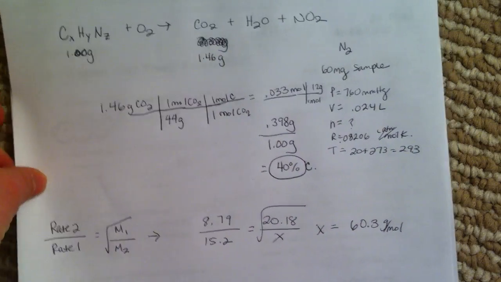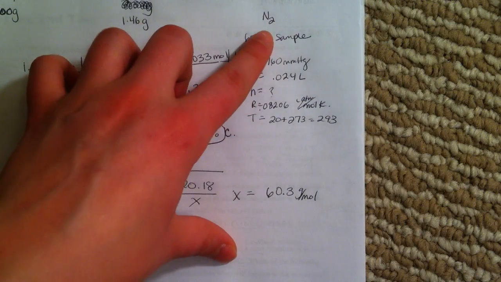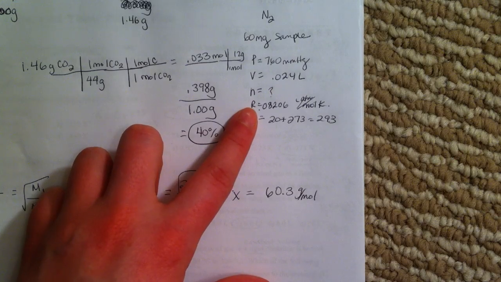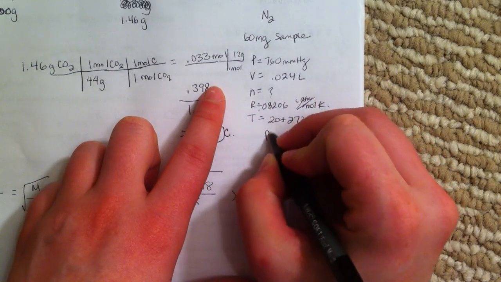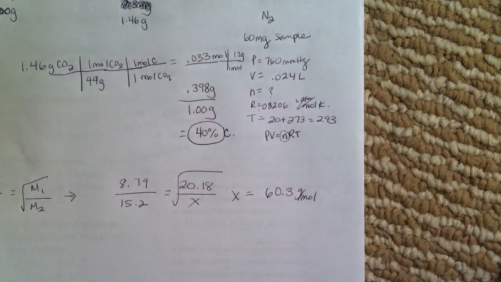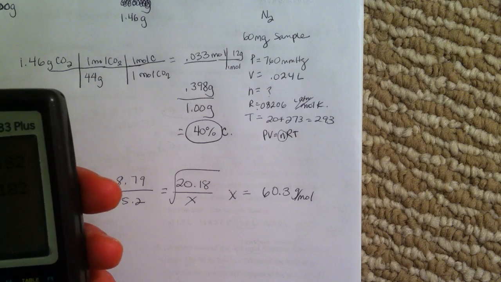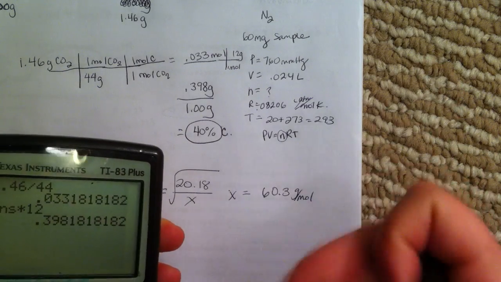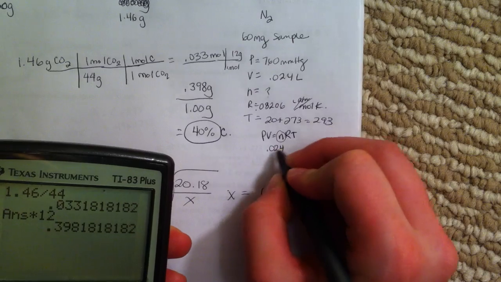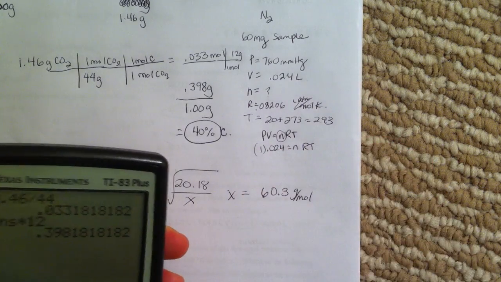So I have to use the nitrogen data, and we get a bunch of N2, so I can use PV equals nRT to solve for the moles of N2. So I'm going to substitute 760 is the same as 1 atmosphere. So I have 0.024 times 1 equals nRT.